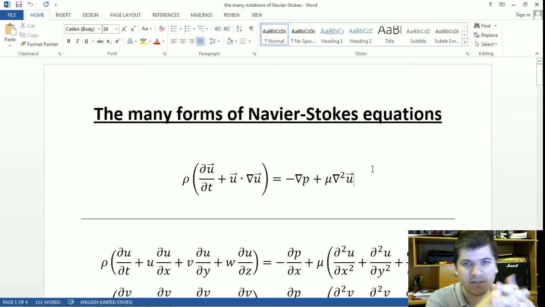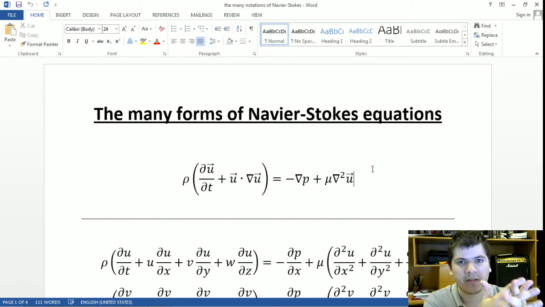So this equation is written in a very compact form. There are other forms to write it in a compact way available.